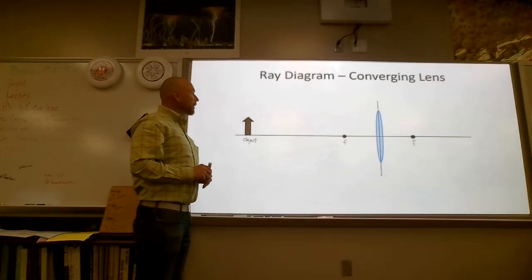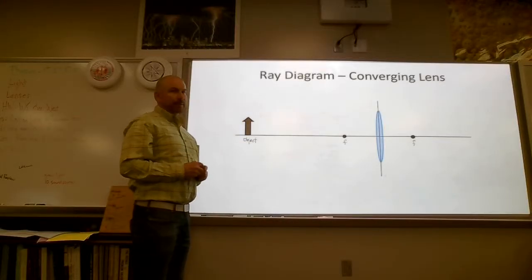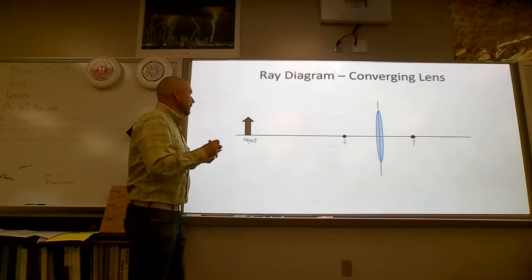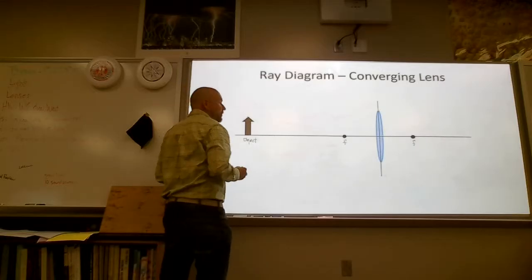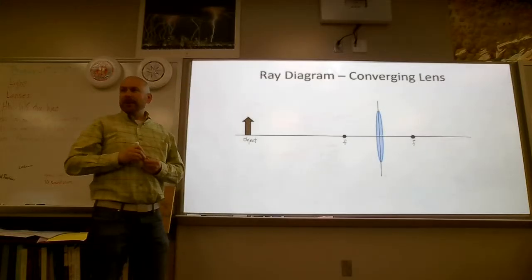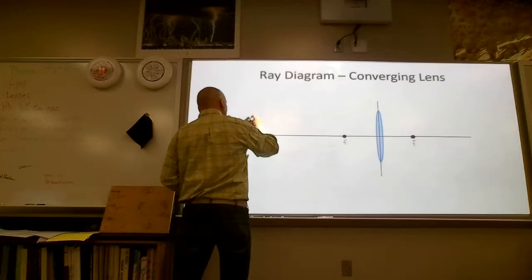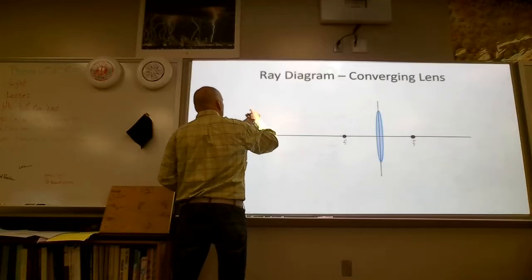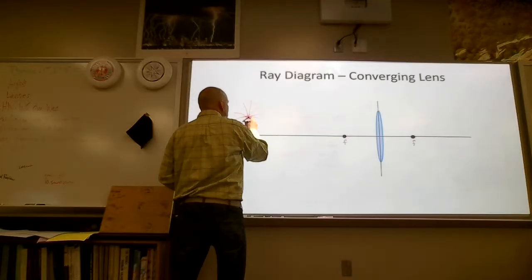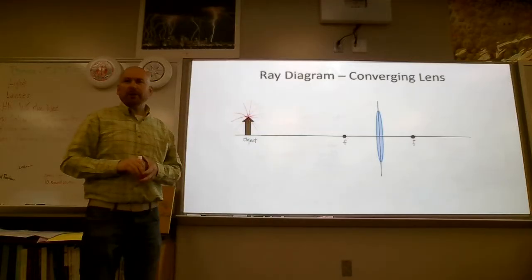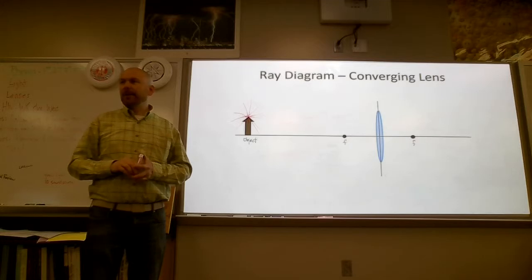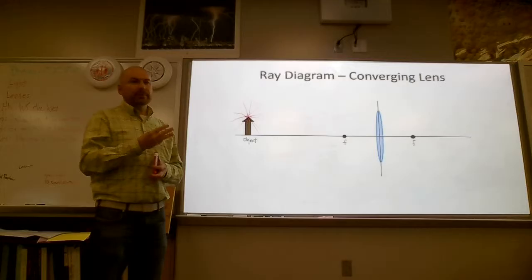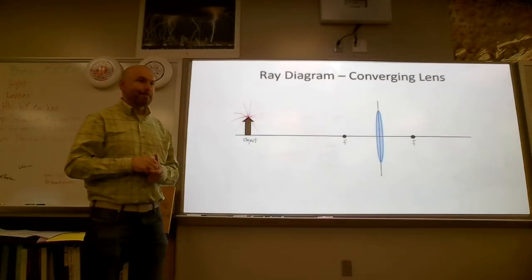This is what we're going to be looking at. Don't draw this next part. I'm always going to be focused at the top of the object. The top of the object is going to be reflecting light in all directions. Don't draw that. I just care about three of those rays.